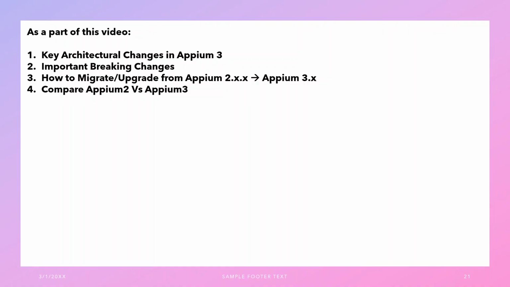And then in the fourth case, we discuss and compare APM 2 versus APM 3. Please watch this video till the end so that you can understand what exactly APM 3 is all about.